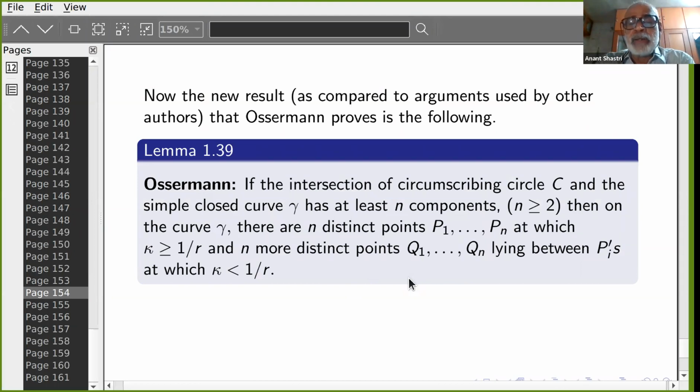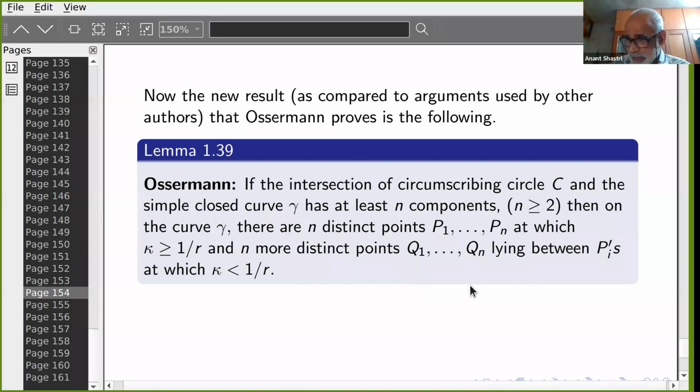If the intersection of the circumscribing circle and the simple closed curve gamma has at least n components, where n is greater than or equal to 2, this is the case we are interested in, right? So suppose we assume there are at least n components. Osterman doesn't even assume that they are single points, but we are assuming it for the proof of the theorem.